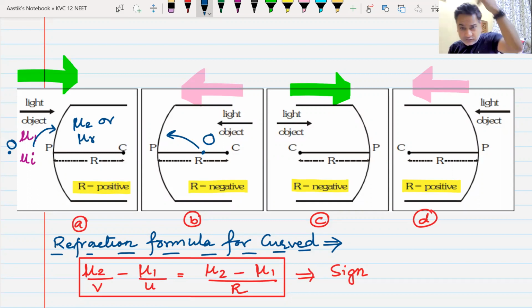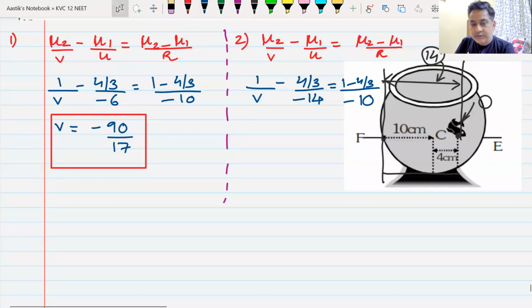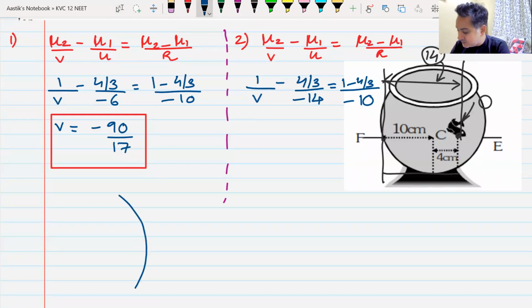Why is it taking you so long to understand this? Please see it once again. If the surface is like this and the object is here, I've shown you so many diagrams. The object is here. This is the surface. What is the value of R?